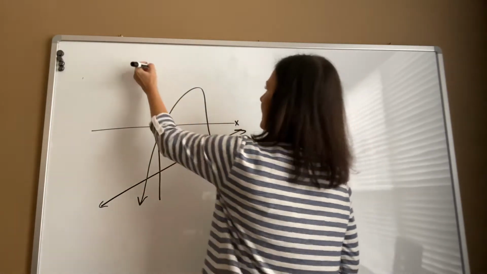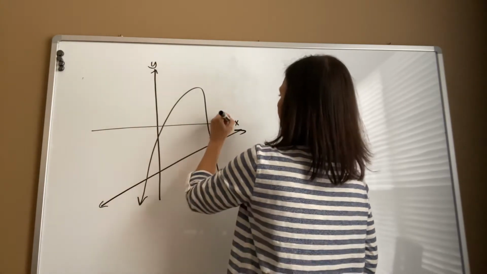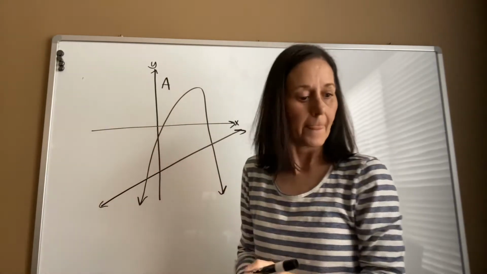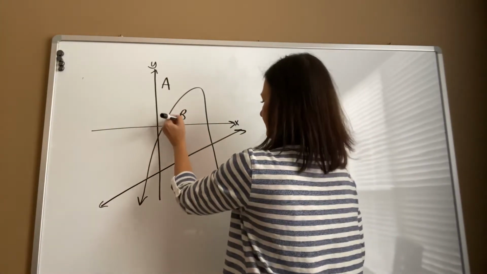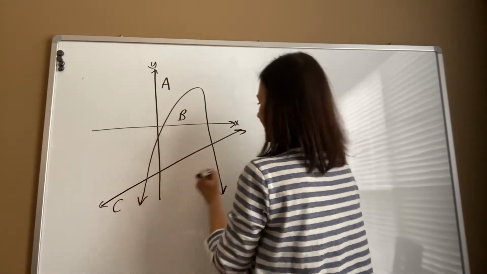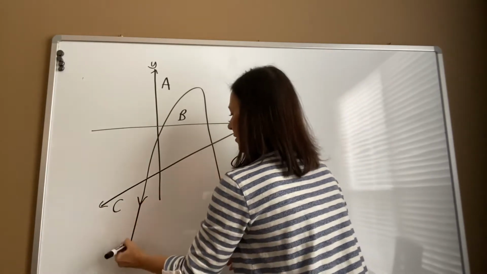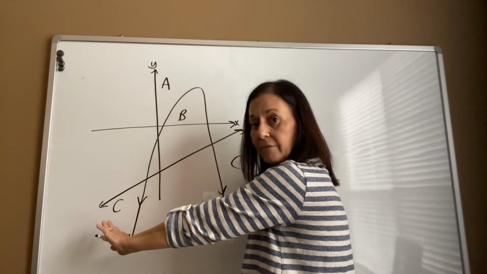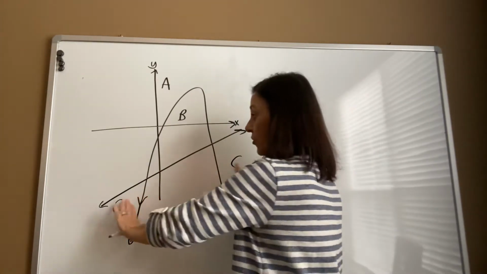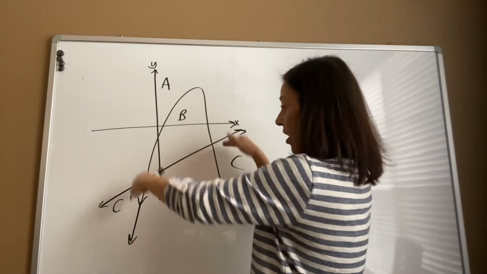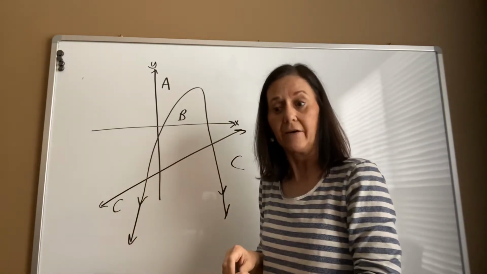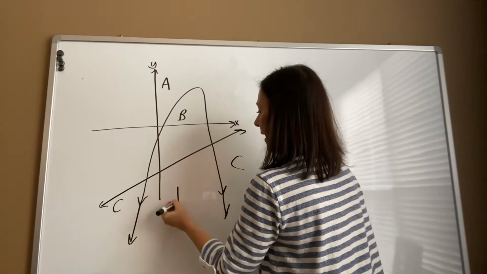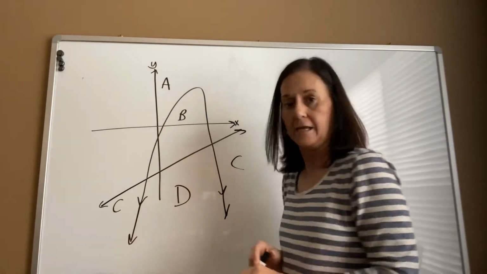Here's my x-axis. That's my y-axis. And then we have these regions, A, B. So C is, I'll draw my parabola down lower. C is outside the parabola, so the greater than area, and yet under the line, so the less than area of the line. And then this region under the parabola and under the line is D.